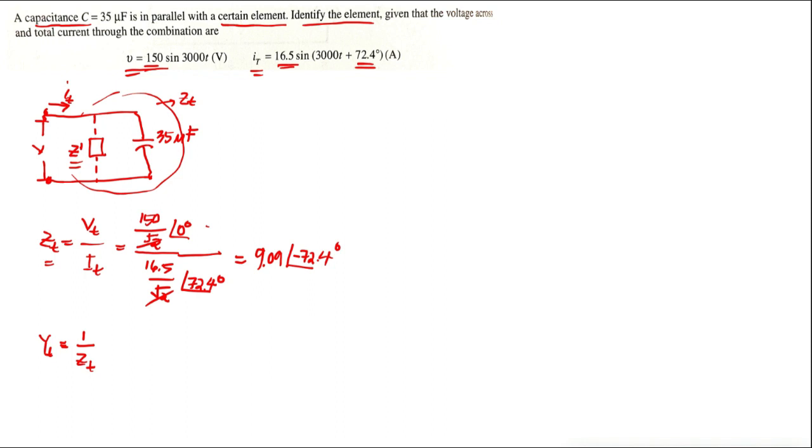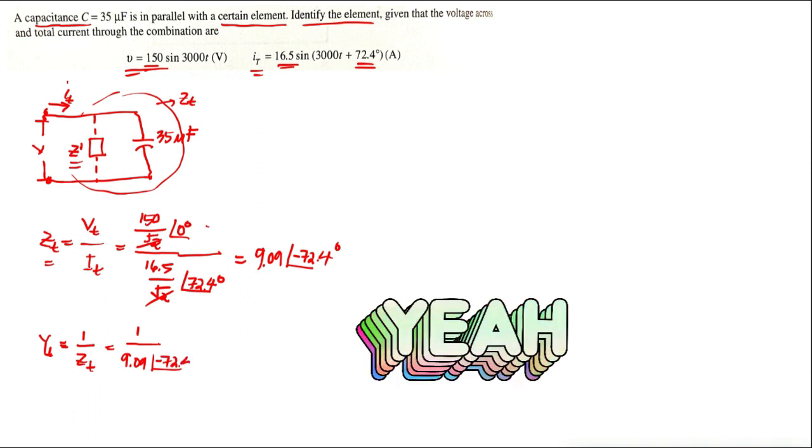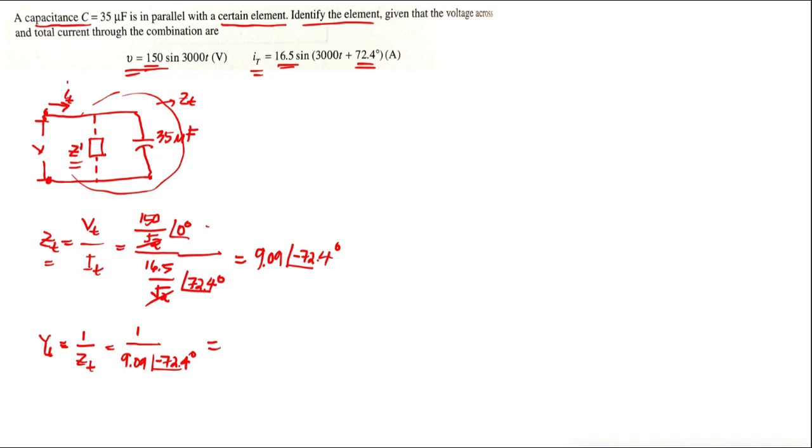We already have the value of your total impedance, which is 9.09 at negative 72.4 degrees. If you get the inverse of 9.09, it will give you 0.11, and this will become positive 72.4 degrees, because this is in the denominator, it will become a numerator.